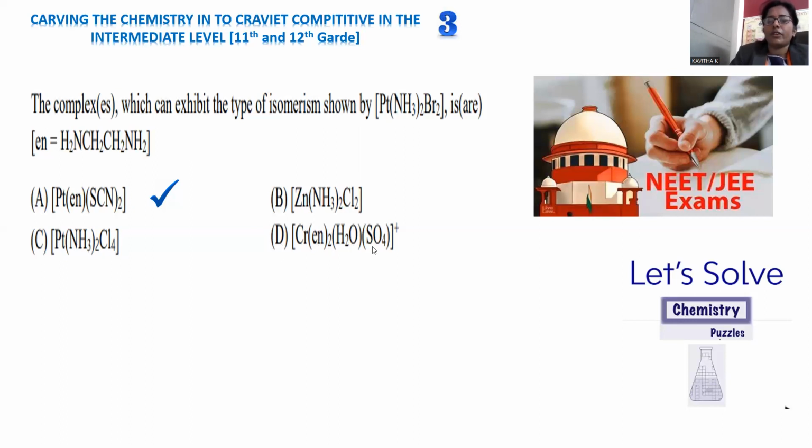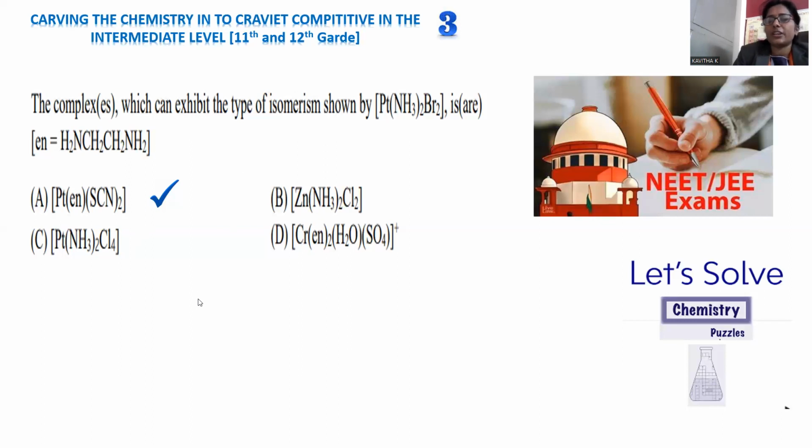Sulfate, again 1 bond. So 4 plus 1, 5 plus 1, 6 bonds. So again we can say the chromium complex is also octahedral. The first one is square planar, second is tetrahedral, third is octahedral, fourth is also octahedral as well. So we can simply identify A will be the right answer.